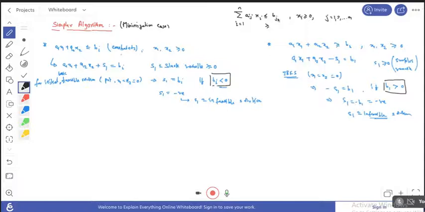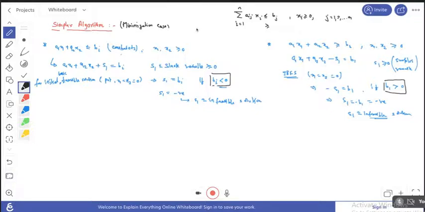In that case, to handle the infeasibility of the solution, you introduce artificial variables. The artificial variables are denoted by capital Aj. An artificial variable basically has no meaning, because it plays no role in your optimization problem, either in the constraints or in your objective function.